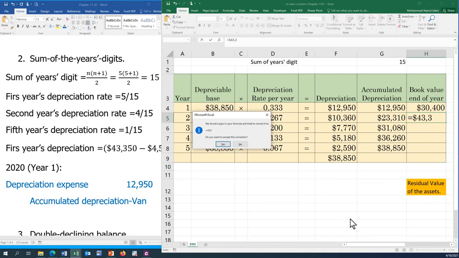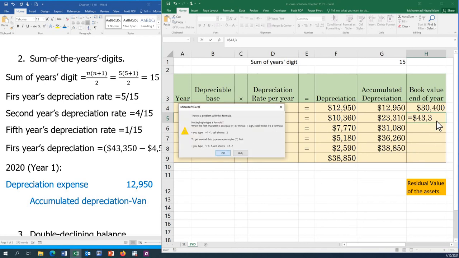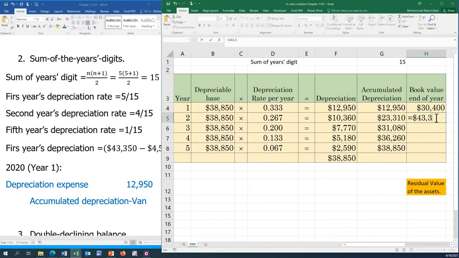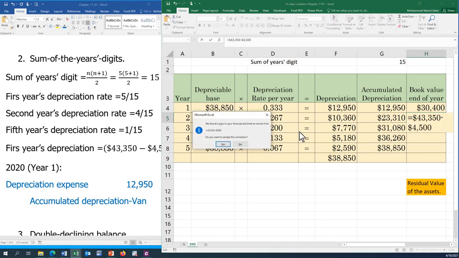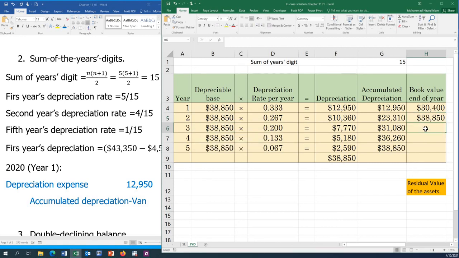Now calculate the end of year book value. It should be equal to 43,350 minus accumulated depreciation, and that is equal to this one. Then again the same thing, 43,350 minus this amount.